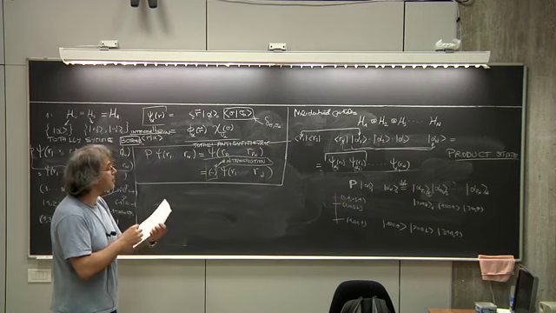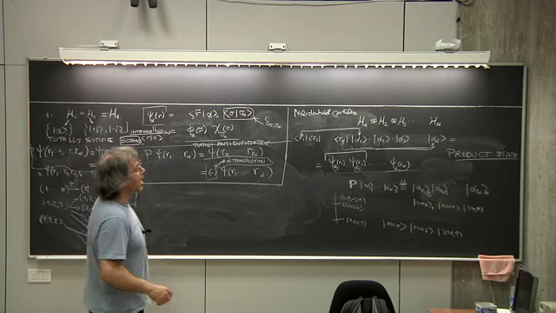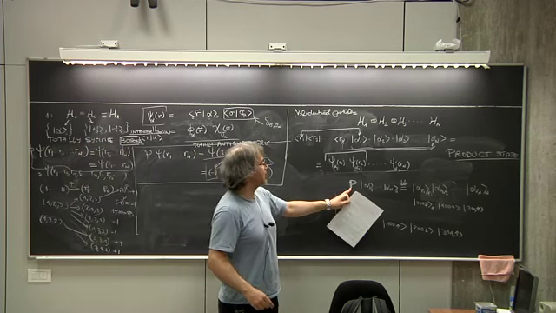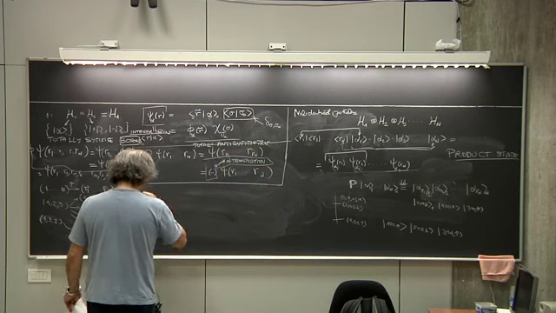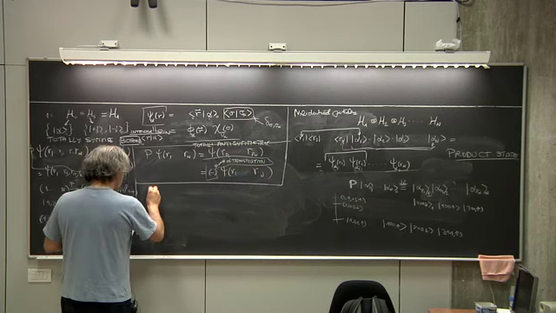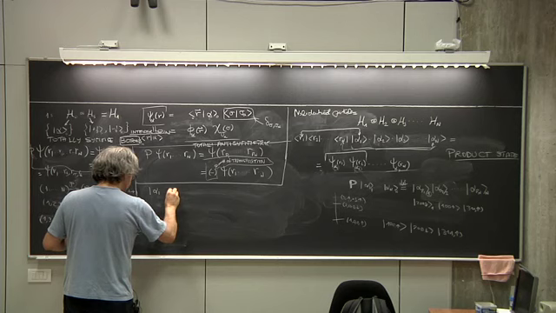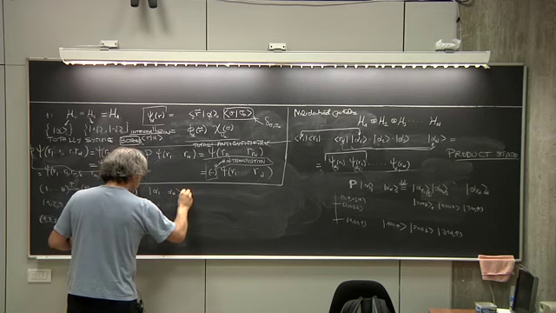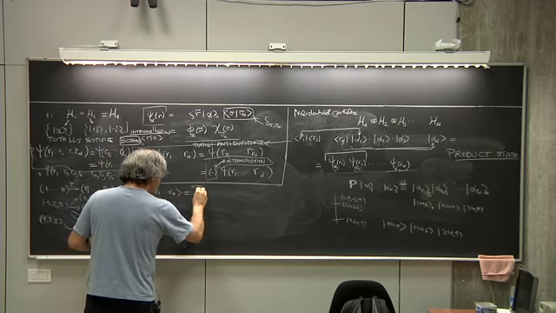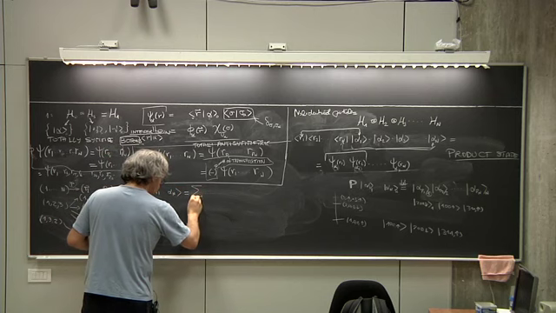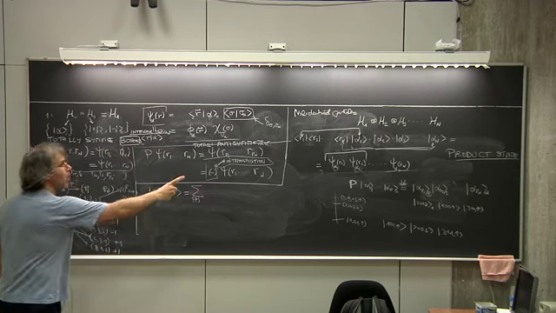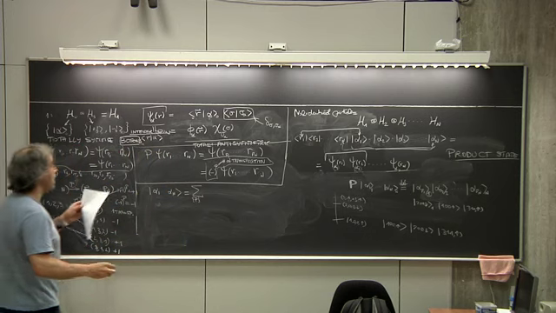Now, out of this object, I can define the following object. Alpha 1, alpha n, summed over all permutations, okay? So not just one, but all of them.